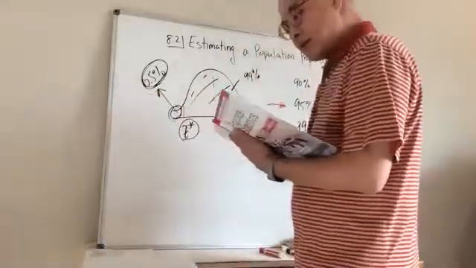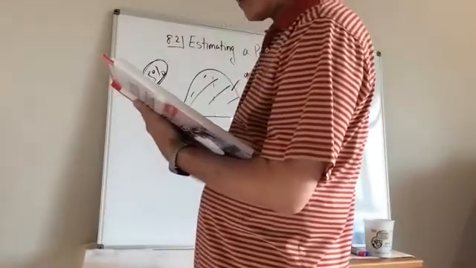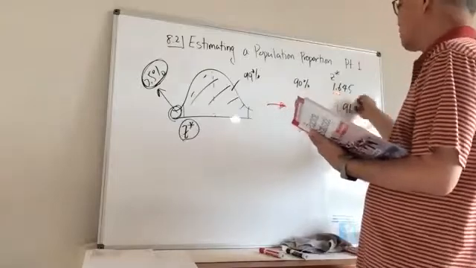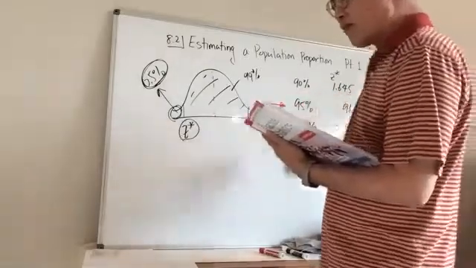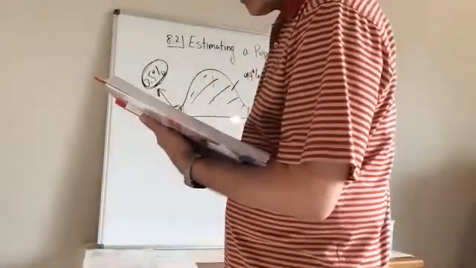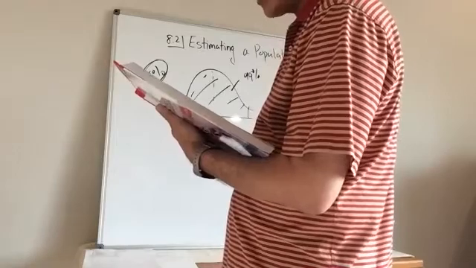A, determine the critical value z star for a 90% confidence interval for this proportion. Ding, ding, ding, we have a winner, 1.645 right off the bat. B, construct a 90% confidence interval of the proportion of all American adults who read a book.